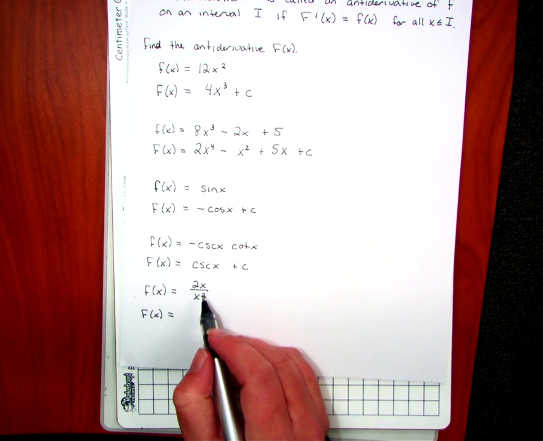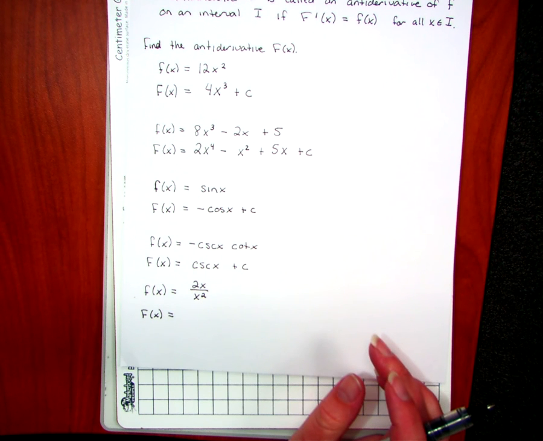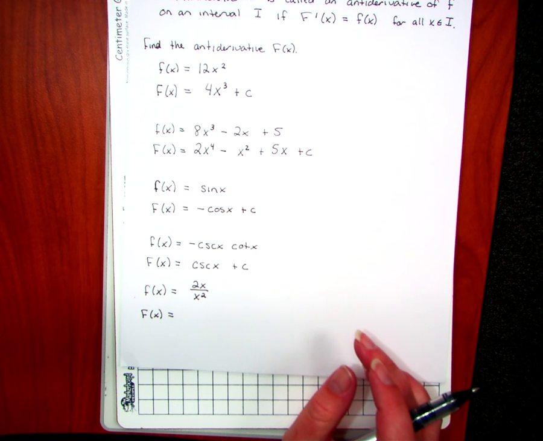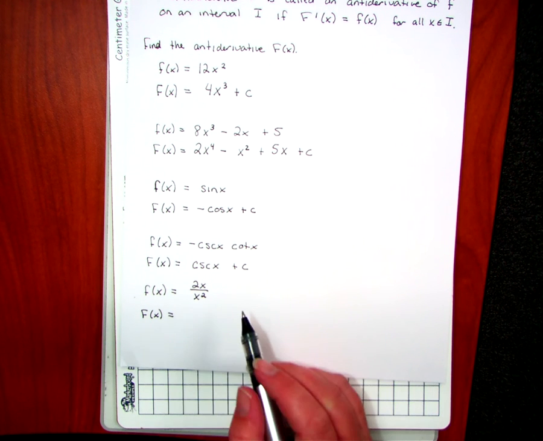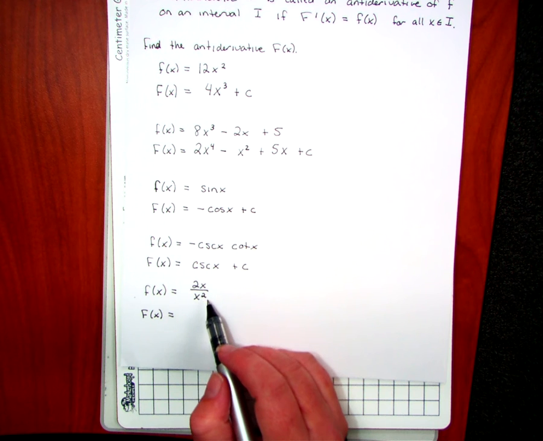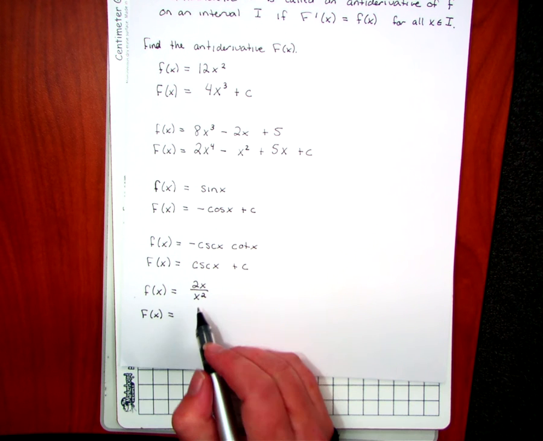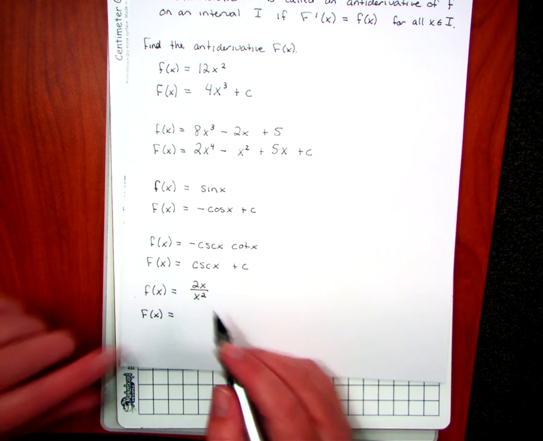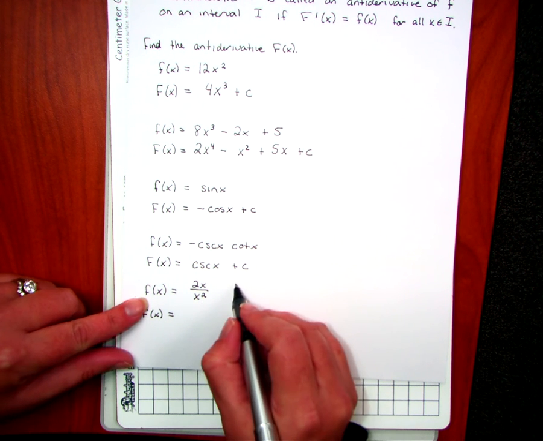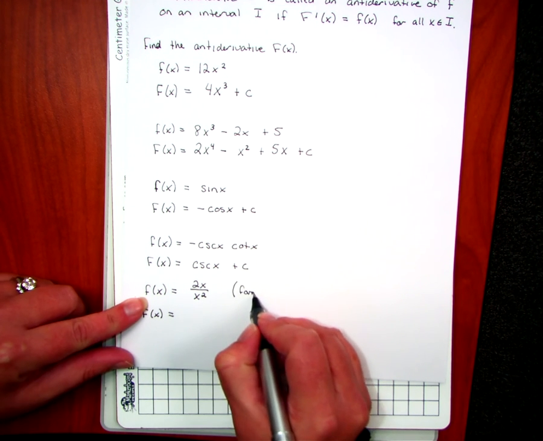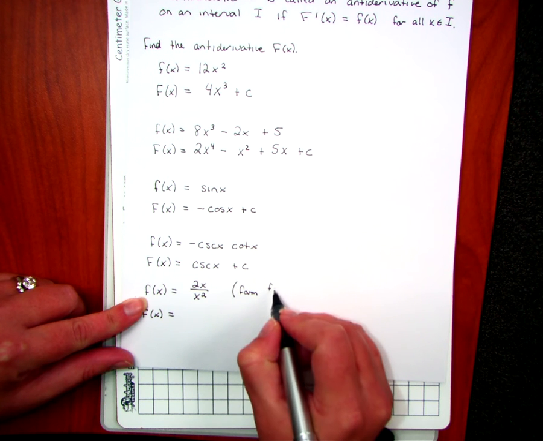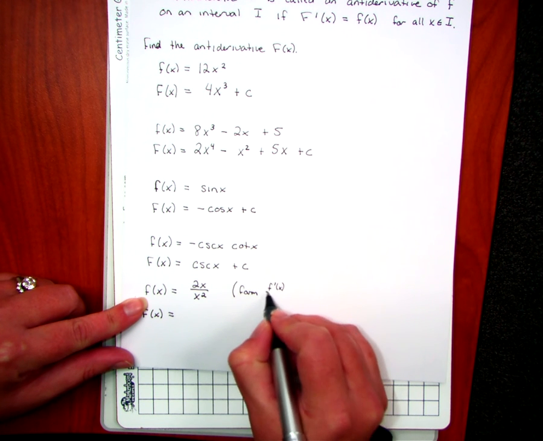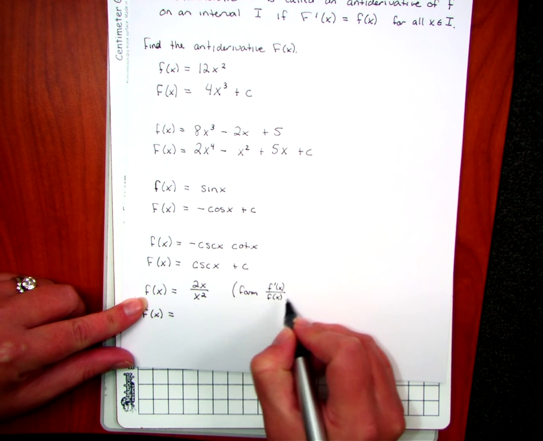But this is in a form that we can come up with really easily, and the relationship between the numerator and the denominator is key here. The denominator is x squared and the numerator is 2x. If you notice, the numerator is just the derivative of the denominator. So this is kind of the form f prime of x over f of x.